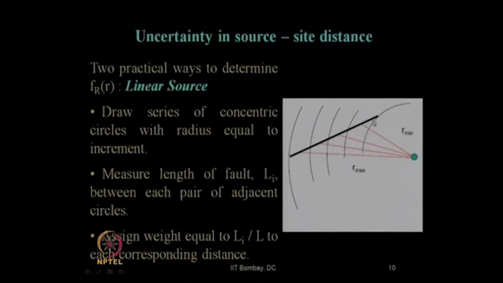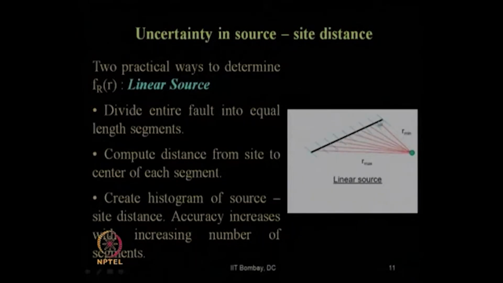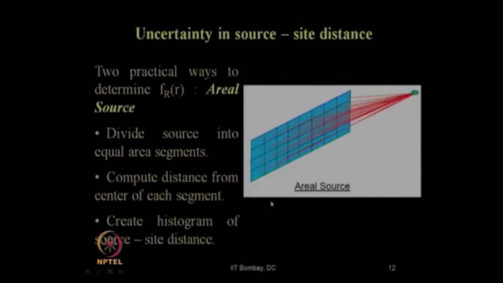Suppose we have a linear source like this; then from the site we can divide that linear source into a number of segments, either by using the concentric circle approach or by using the equal increment approach in the segments of the linear source, and then find out individual distances, which will finally give us the probability distribution of distance versus probability of occurrence.